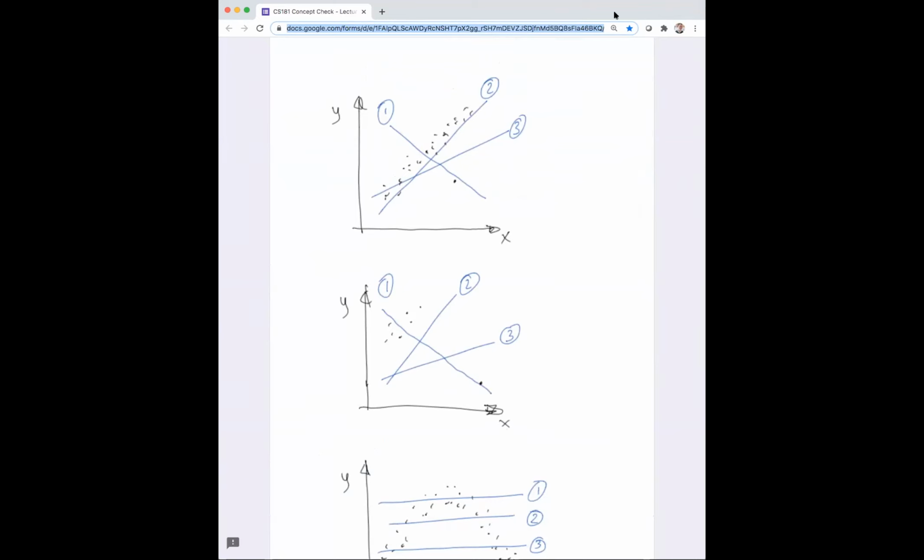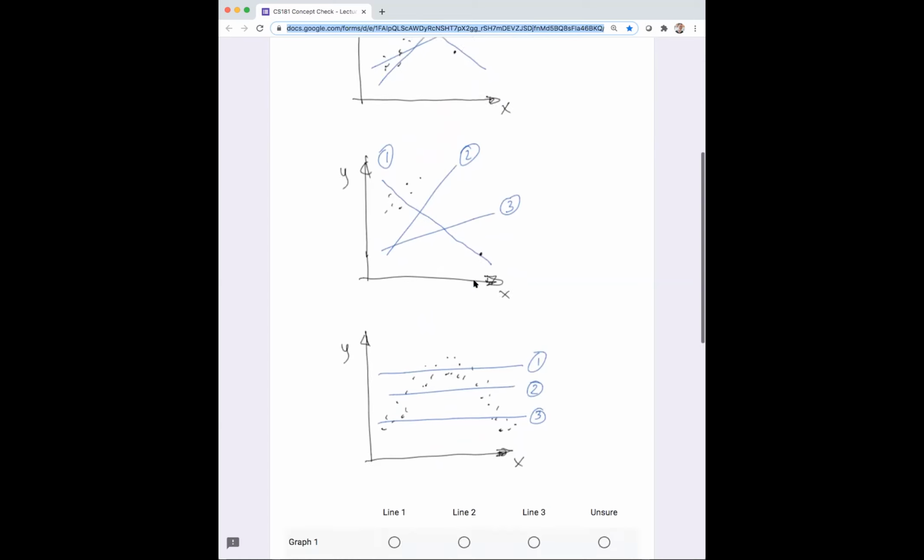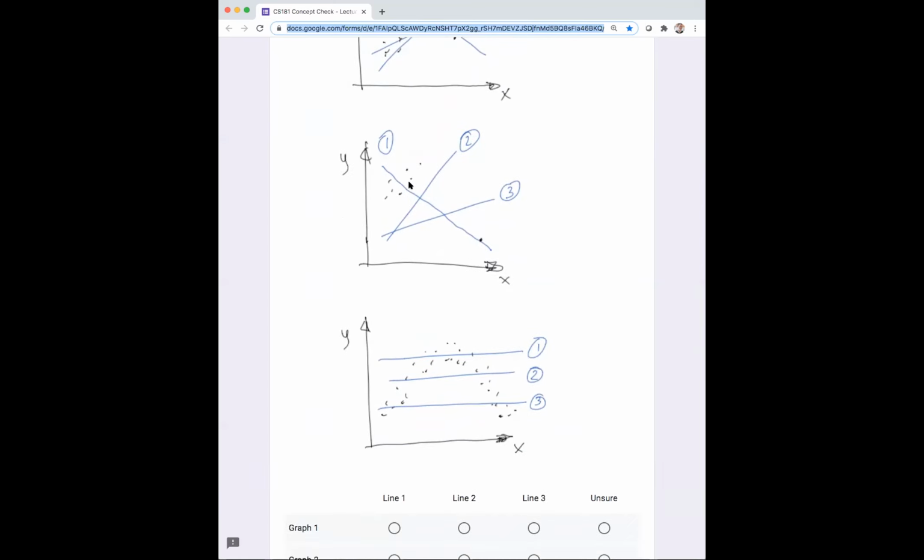So first of all, we ask which of these 3 lines is the best fit to this data. If you think about it, hopefully you would agree that 2 is going to minimize the least squared error for this fit. Here's another example where there's a small number of points up here and 1 point all the way down here.